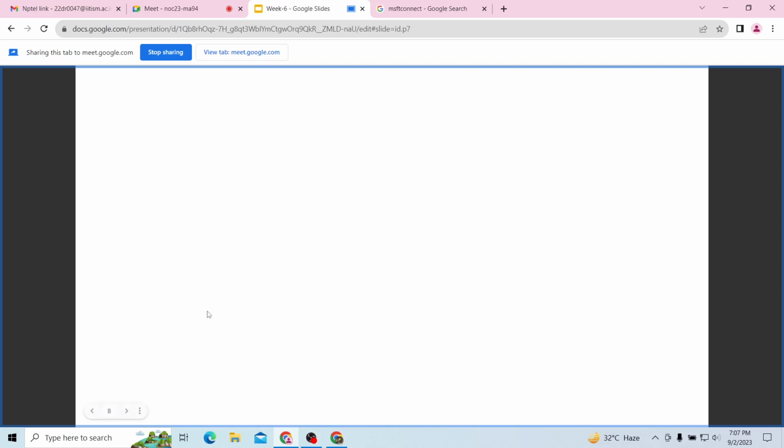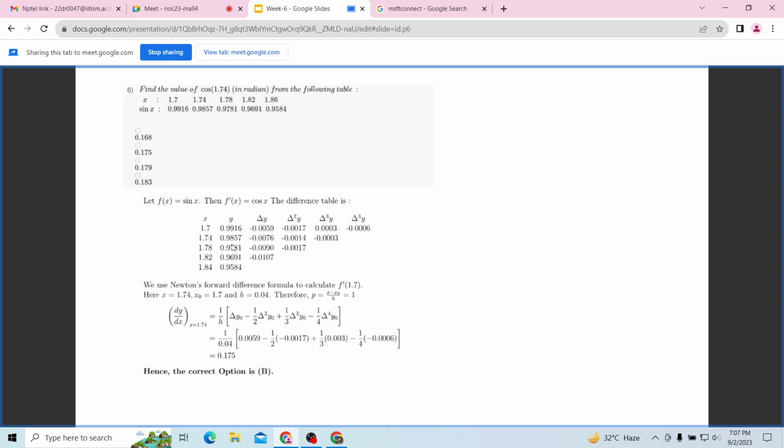Just arrange the x and the corresponding y values, that is sin x values. Then calculate the forward difference, that is del y. Check, are you getting these values in the first column?